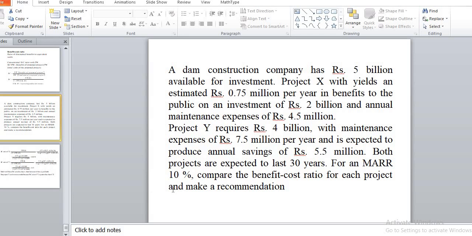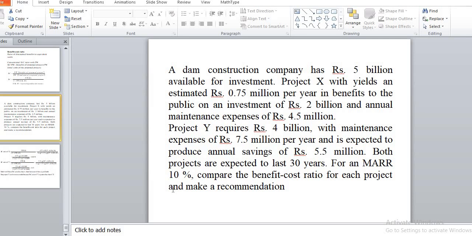Also the projects have operation and maintenance cost. Now the company has to decide which project will be economical on the basis of the benefit to cost ratio method. The company has an MARR value equal to 10%, and the project life, or project span, is considered as 30 years.